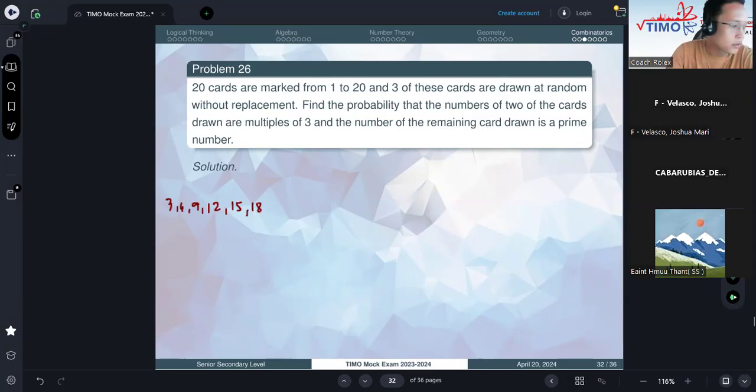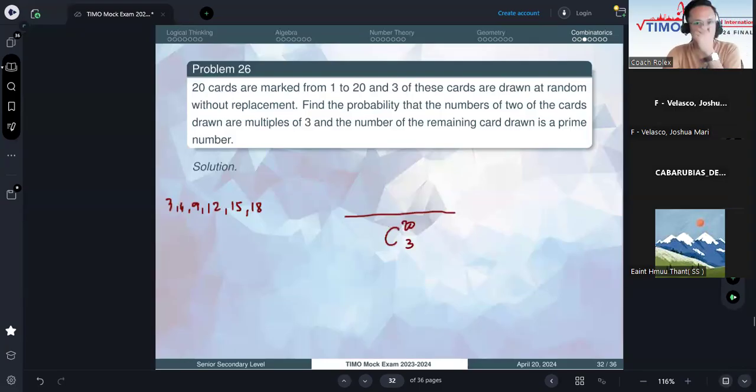Okay, multiple of 3. 2 are multiples of 3 and the remaining card is a prime number. So the first one, multiple of 3. Okay, all in all, the denominator should be 20 taken 3.